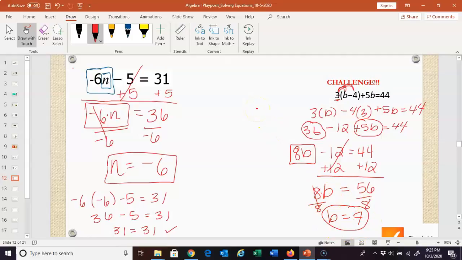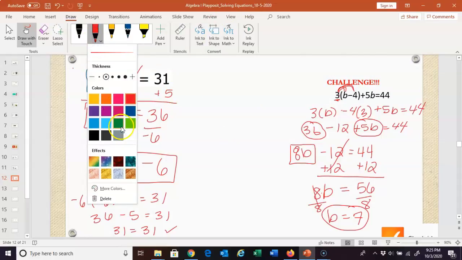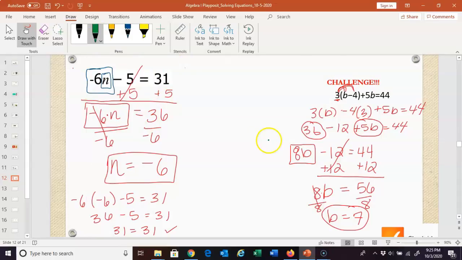Now let's double check our work. I'm going to get a different color so we don't get too confused with all the colors going on here. Let's do green. I don't think I've done green yet. All right, so 3 times 7 minus 4 plus 5 times 7. Does this in fact equal 44?